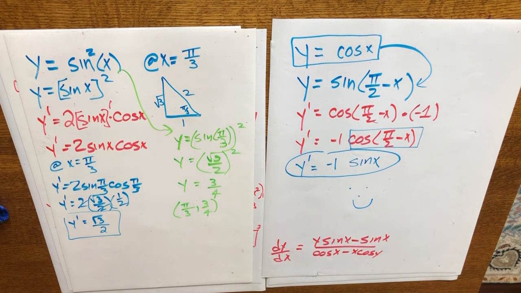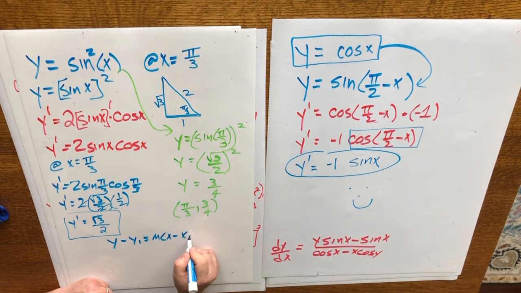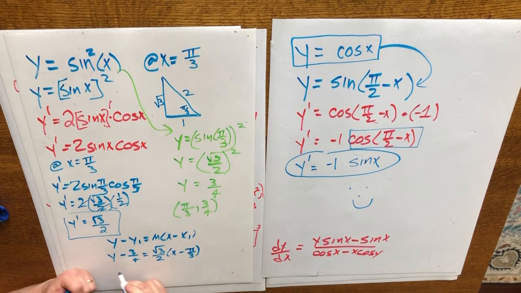So let's plug that into our equation of a line formula. Y minus y1 equals m times x minus x1. Y minus 3/4 equals m, root 3 over 2, times x minus pi over 3.